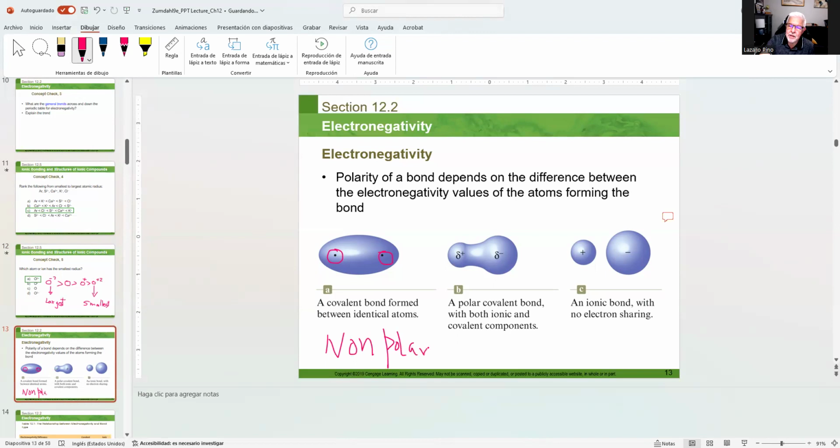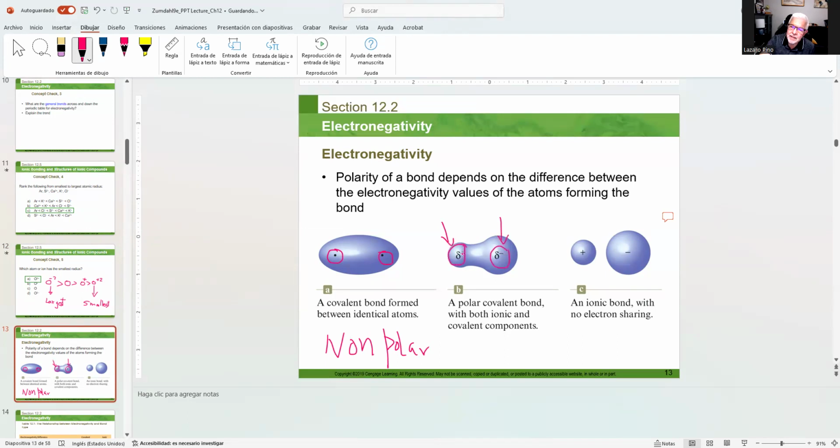But when you have two non-metals that share electrons, but one is more electronegative than the other, the electrons will be closer to this one than to this one.